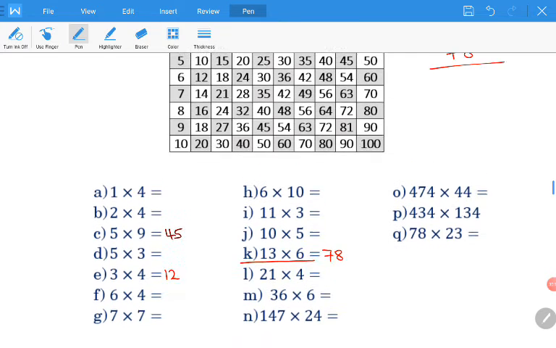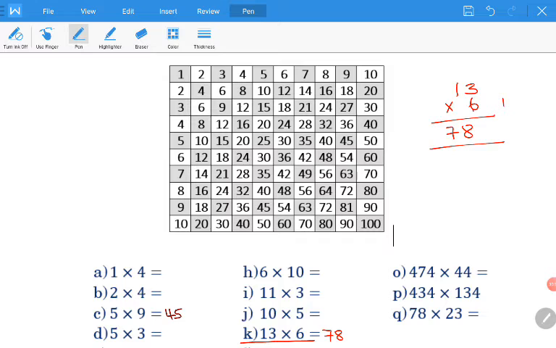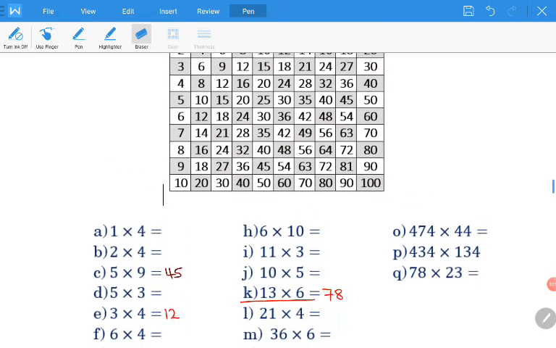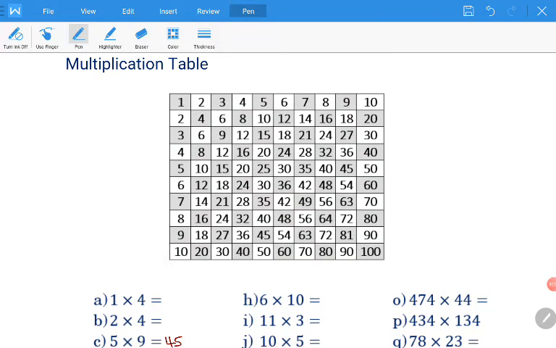Looking at another expression, 36 times 6, which is on question M. So 6 times 6. So this 6 and this 6, where they meet is 36.